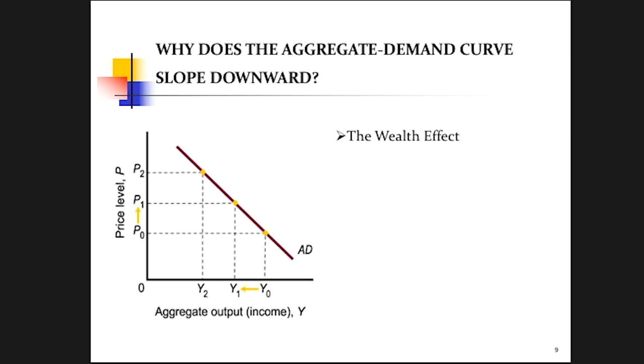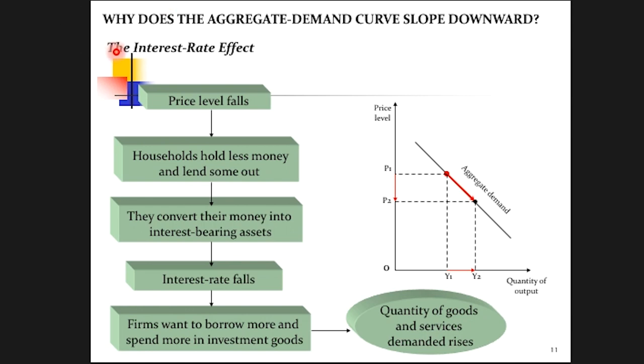The second theory is the interest rate effect. When we have changes in the interest rate, it depends on the changes in the price. If the price is higher, the nominal interest rate also increases, and vice versa.